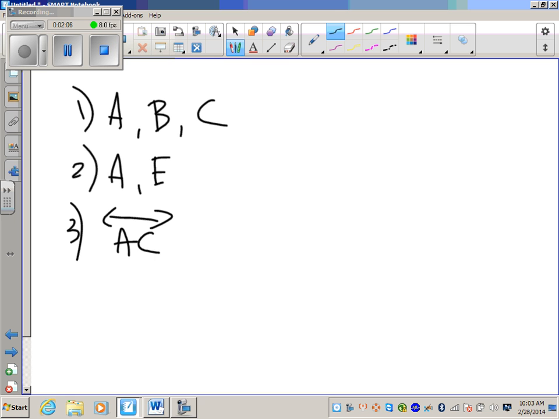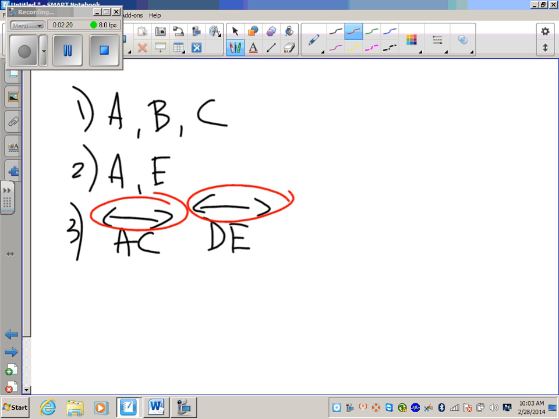So line ABC would not qualify as a proper label for that line. So AC, and what's the only other one? Okay. Is it going to be wrong on the test if you don't have your labels? Absolutely. Okay, so you're being warned. If you don't have this, make sure that you get the right ones down in your notes.